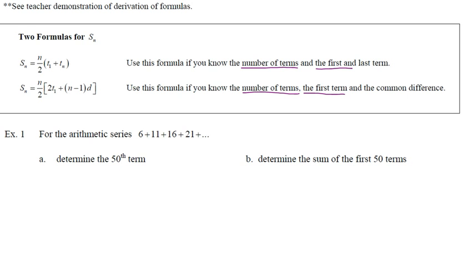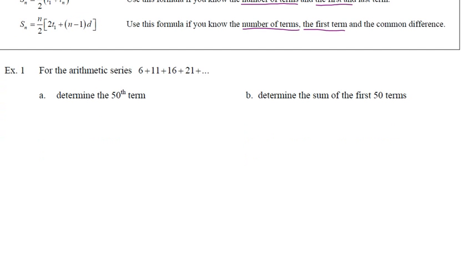Okay, for the arithmetic series 6 plus 11 plus 16 plus 21, determine the 50th term. What they mean here really is determine the 50th term of the sequence, right? And then determine the sum of the first 50 terms.